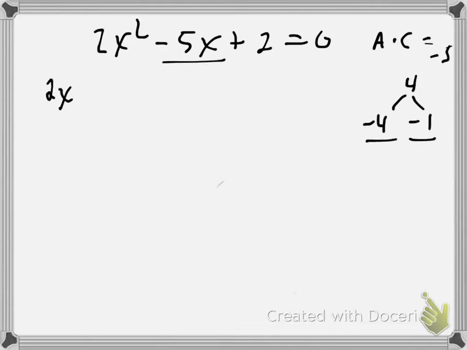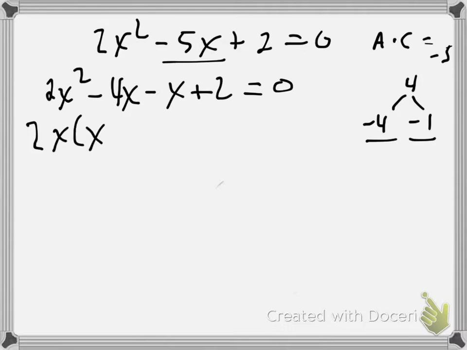I'm going to use these to rewrite this. I'm going to have 2x squared. Now what goes best with the 2x squared? It's going to be the negative 4x. And then I have a minus x plus 2 equaling 0. Factor out 2x, so I have x minus 2. Always put a plus sign here. And then negative x plus 2 equaling 0.